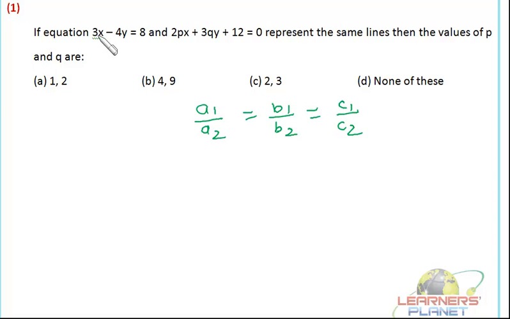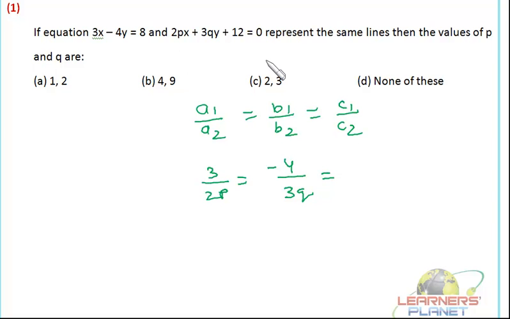So here a1 by a2 is 3 upon 2p is equal to the coefficient of y, minus 4 upon 3q, is equal to, see, in this case the constant is on the right hand side, and in this case it is on the left hand side. So be very careful while you are writing down the values of c1 and c2.